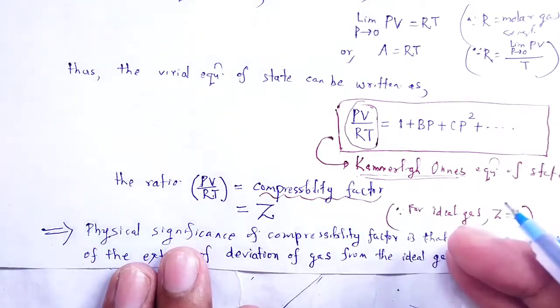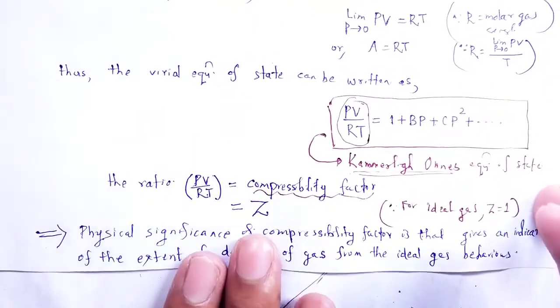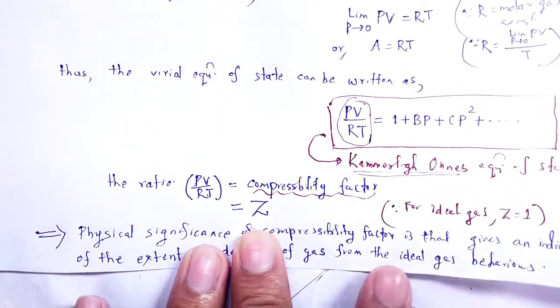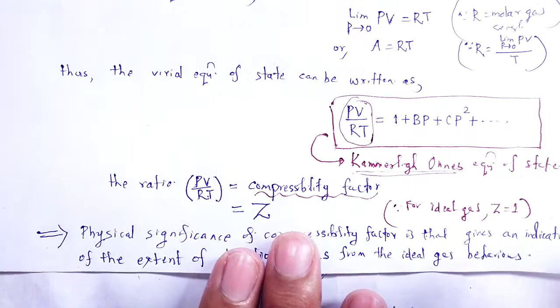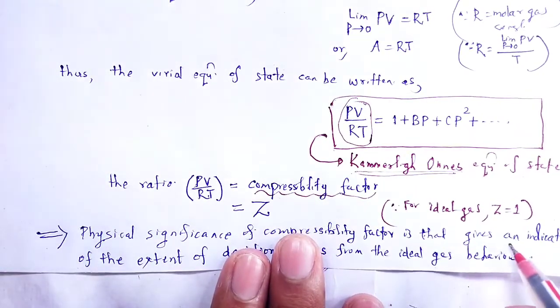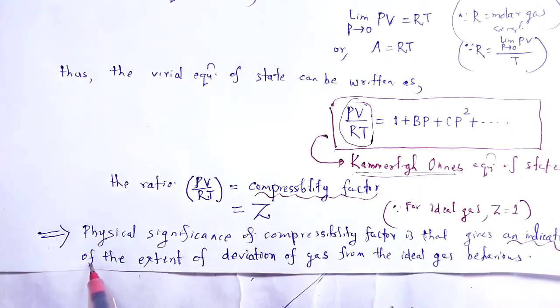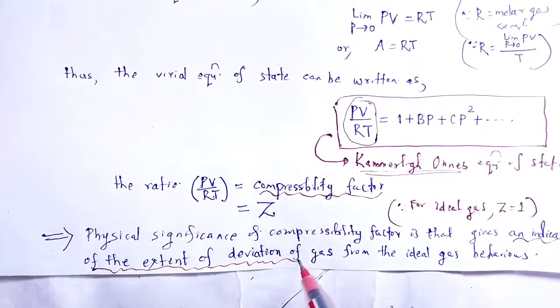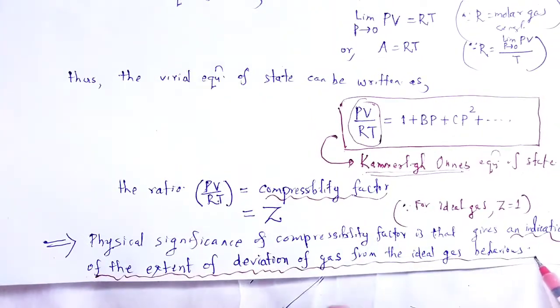How a real gas deviates from the ideal gas behavior can be studied by using the compressibility factor.